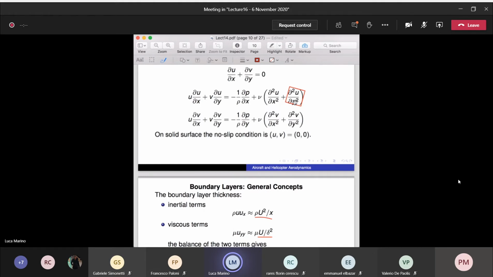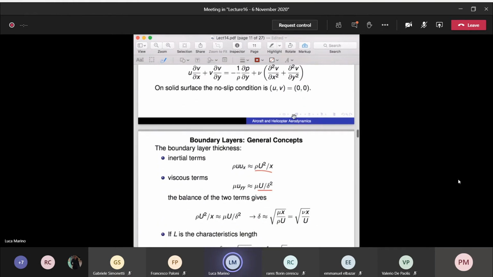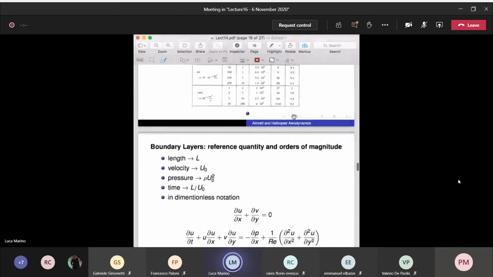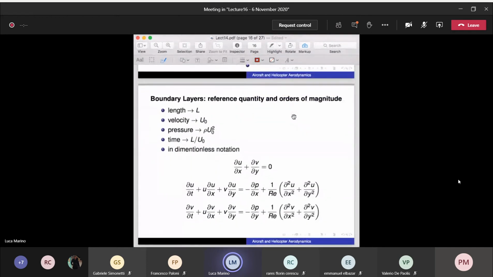But in Navier-Stokes, we have a unique scale, so also Y will be multiplied by the square of L and divided by the square of L. We will see that this is not more true if we have two different scales, L for X and delta for Y. Okay? So we can, at this point, discuss this passage, this step.